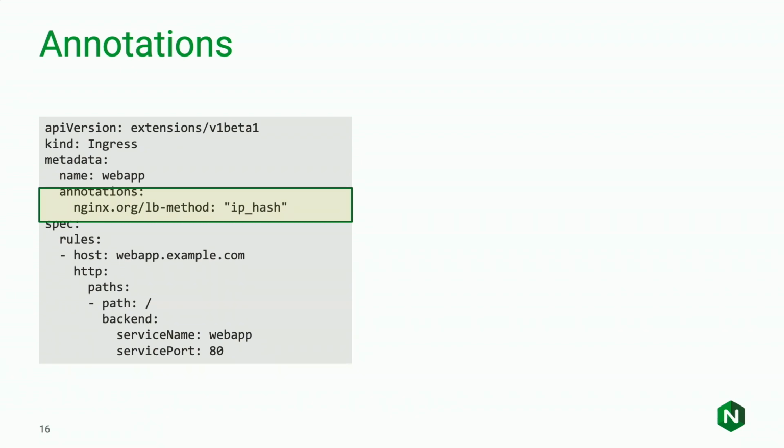When you add specific annotations to the Ingress resource, our NGINX Ingress Controller can see those, and it can derive the configuration from those annotations. For example, here we have an annotation to define a load balancing method that will be used to load balance our web application. Our Ingress controller will configure NGINX to use this load balancing method.